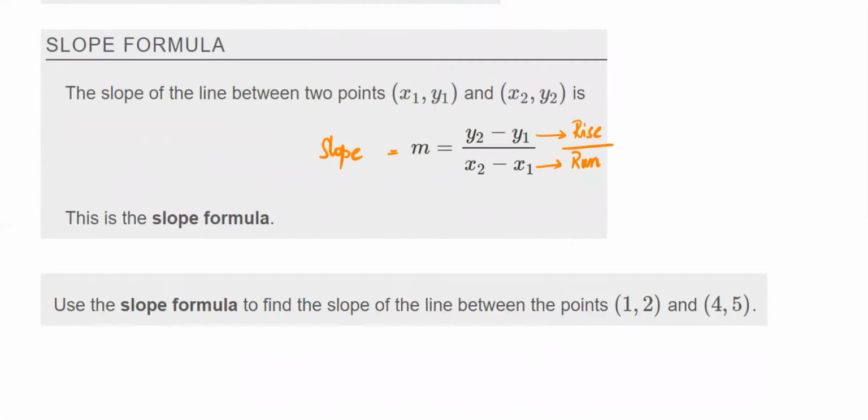So again, when you have 2 points, I'm just giving you a line and there are just 2 points, and you don't have a grid like this, and you don't have a way to count how many boxes to go across and how many boxes to go up, then we use the slope formula, because all it wants is the coordinates.